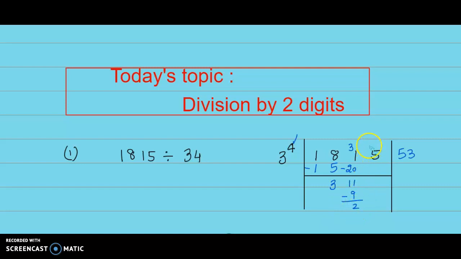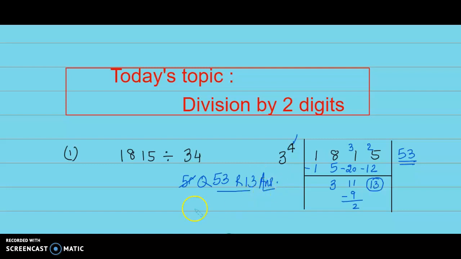This 2 we will take to the next digit as shown, 25, and again we will subtract this product of 3 and 4, 12, and this will be our final remainder, and 53 is our quotient. So in this question 53 is quotient and remainder is 13, and that is our answer.